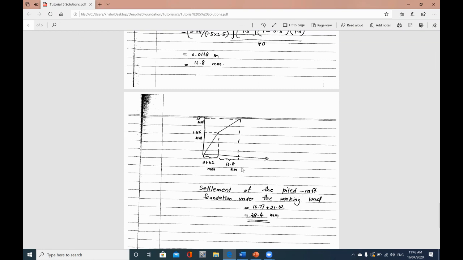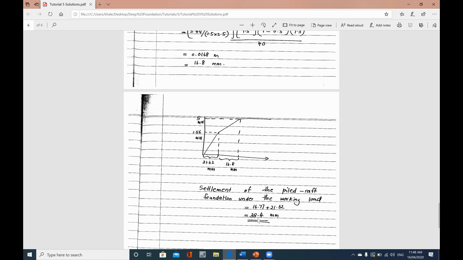And if you need to find out if the system will be enough to carry the load, then you need to divide the load carrying capacity by the working load, and you need to get a factor of safety more than 2.5.